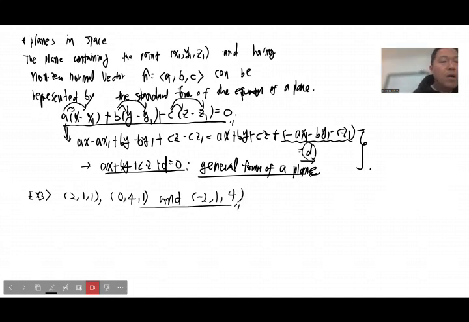As I said, you can pick any of these 3 points as a reference point, x1, y1, z1, and then use the point to find the normal vector, perpendicular to the surface of the plane. So let's just plot these 3 points in the x, y, z coordinates.